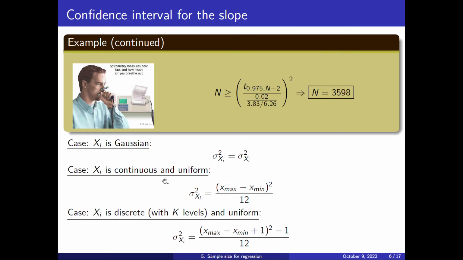But if xi is a continuous and uniform variable distributed between a minimum value and a maximum value, then this is the variance that you should use. And if it is uniformly distributed between a minimum and a maximum, but it is a discrete variable taking k levels, then this is the formula that you need to use.